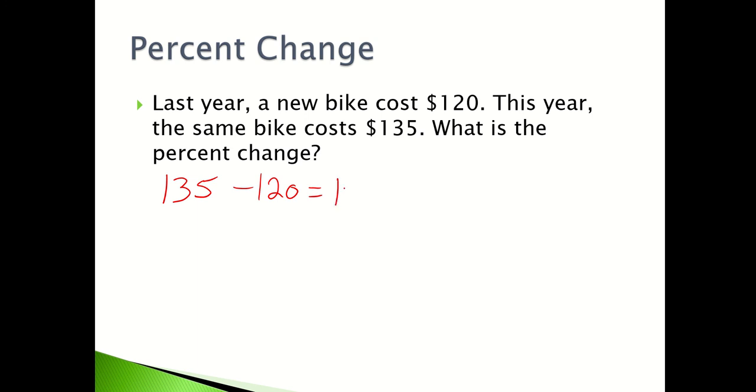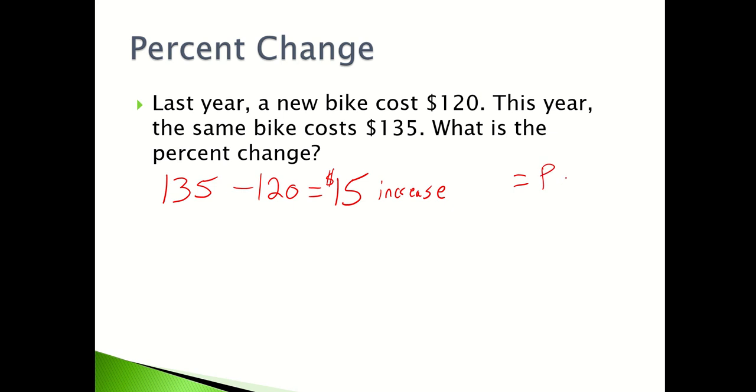So it went up $15, right? So it's a $15 increase. So we know this has to be positive, or you can use the word increase to signify that it is positive.